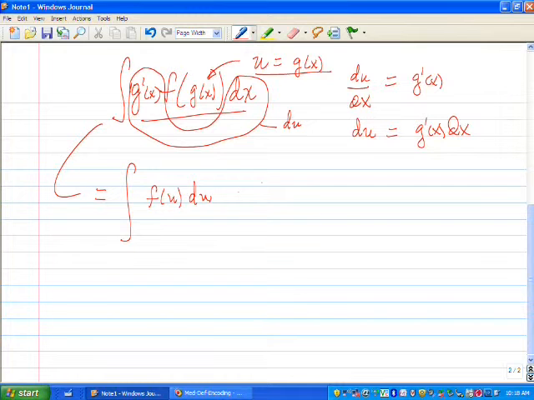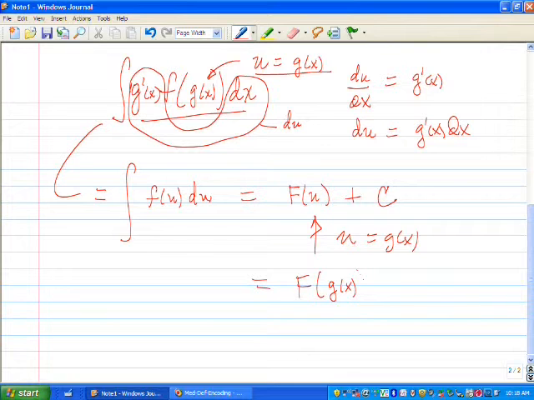And if we know the antiderivative of f to be capital F of u, then the integral is capital F of u plus an arbitrary constant. And then we can go back and substitute in u equal g of x. And so the answer is capital F of g of x plus a constant.